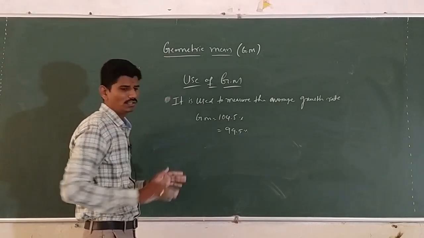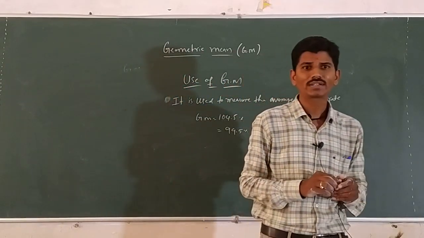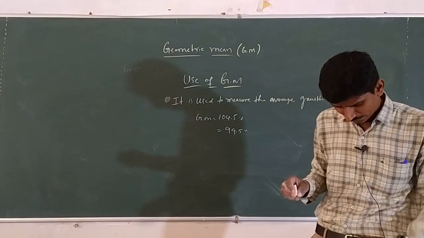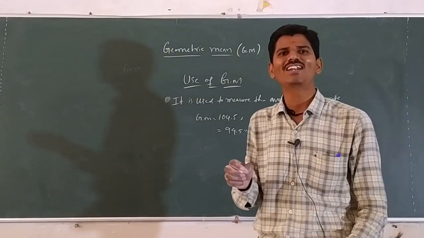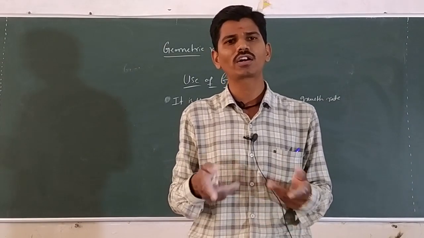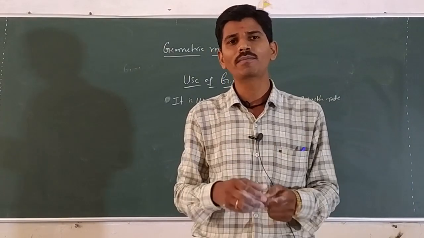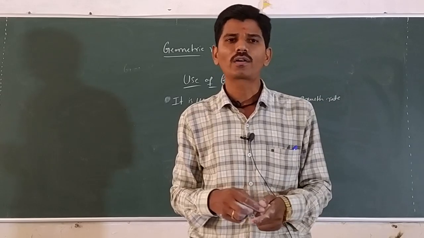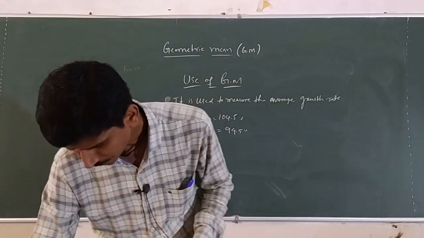Okay, that is about geometric mean. In geometric mean you are using logarithms and anti-logarithms. Do you know logarithm and anti-logarithm? Then how to calculate logarithms and anti-logarithms in the log table? Okay, let us see.